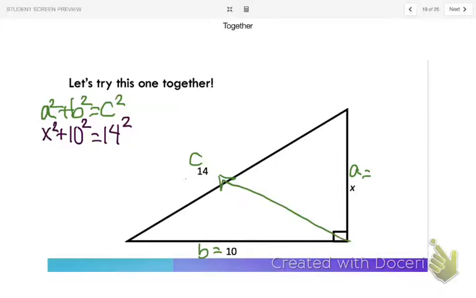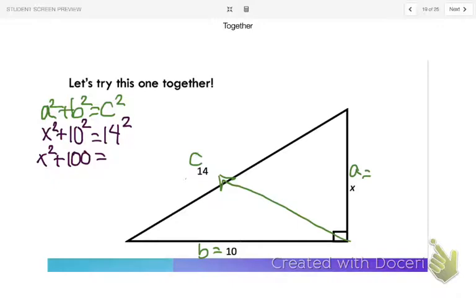I can't do anything until I have gotten rid of the squared. So I'm left with x squared plus 10 squared, which is 100. So x squared plus 100 equals 14 squared.